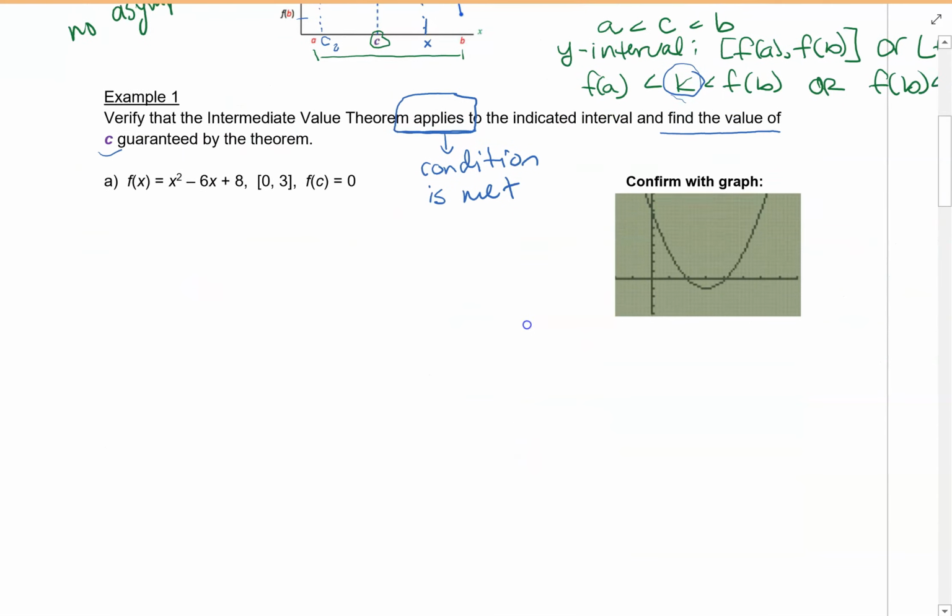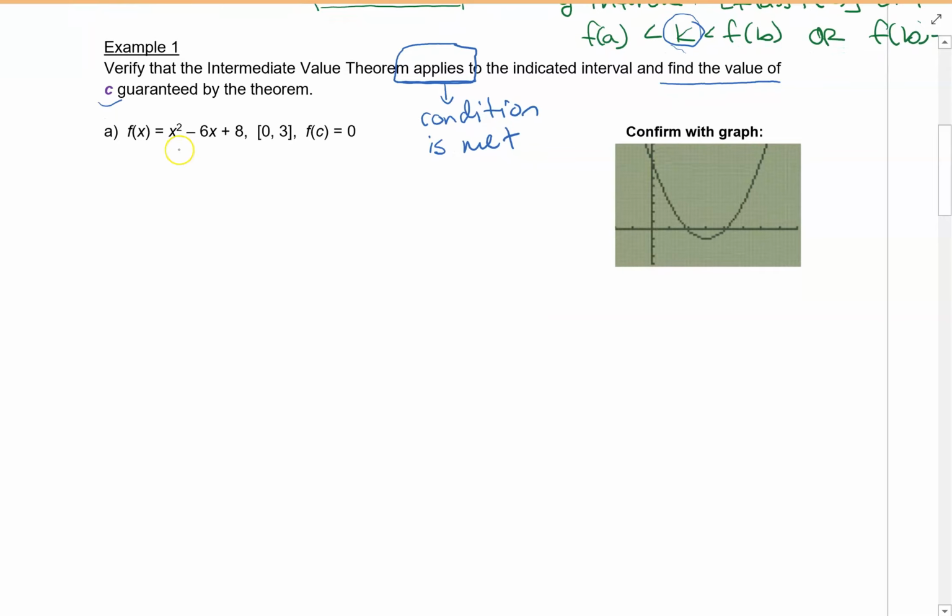Okay, so this function here is what we call a polynomial function because it's just x to different powers and different products of x and numbers being added or subtracted together. You could also think of this as a quadratic equation.